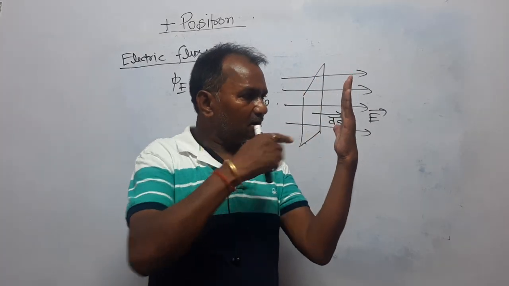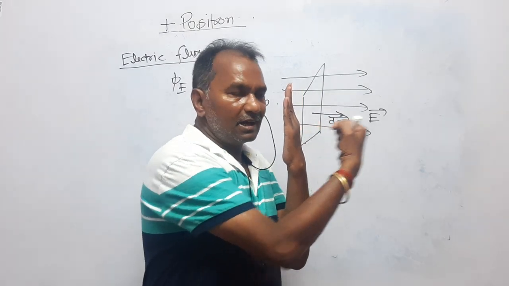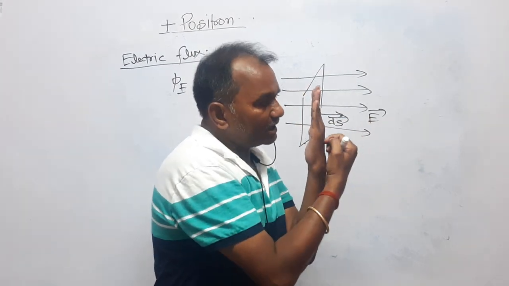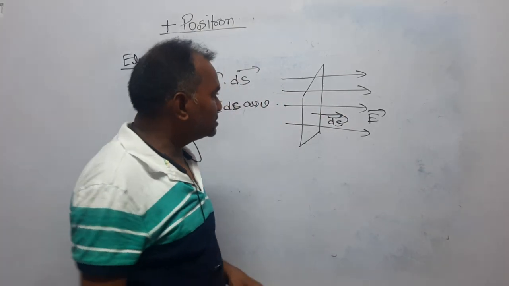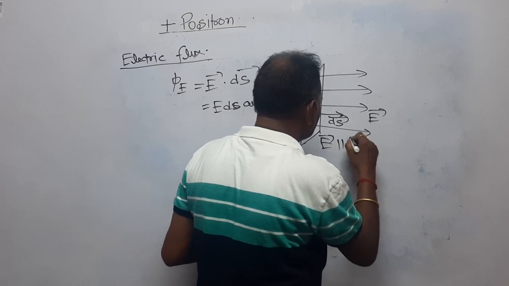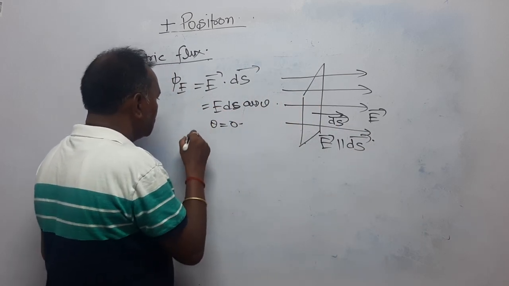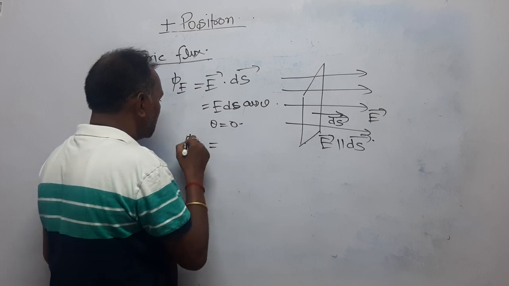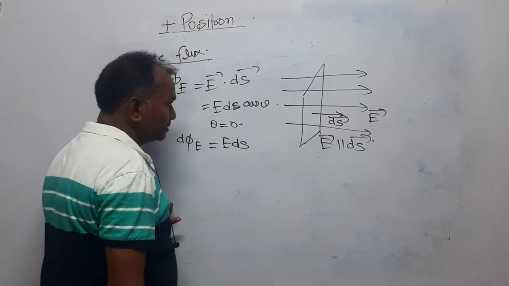If the field lines are crossing in this way, at this surface the electric field line is this, and the area vector is also in the same direction. So in this condition, vector E is parallel to ds, so theta equals 0, and d phi E is equal to E ds cos 0, which is E ds, since cos 0 is 1.